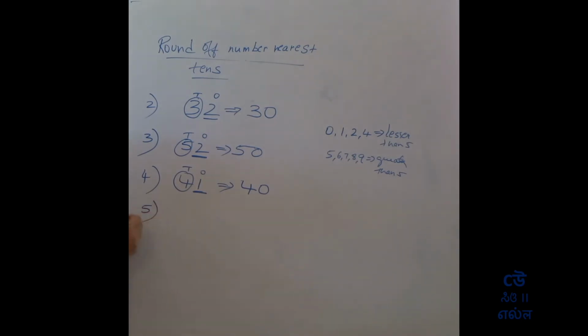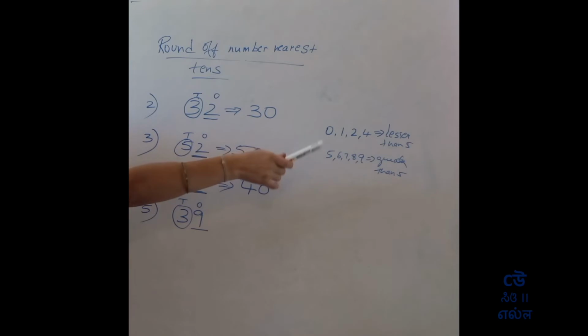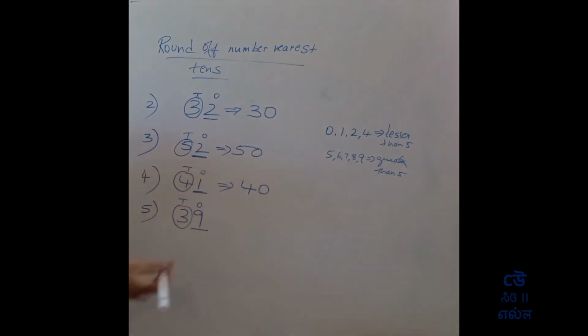Next, fifth question: 39. So we have ones place and tens place. We have to circle the tens place value and consider the ones place value. The ones place number is 9. So is 9 greater than 5 or lesser than 5? 9 is greater than 5. So what should we do here, children?